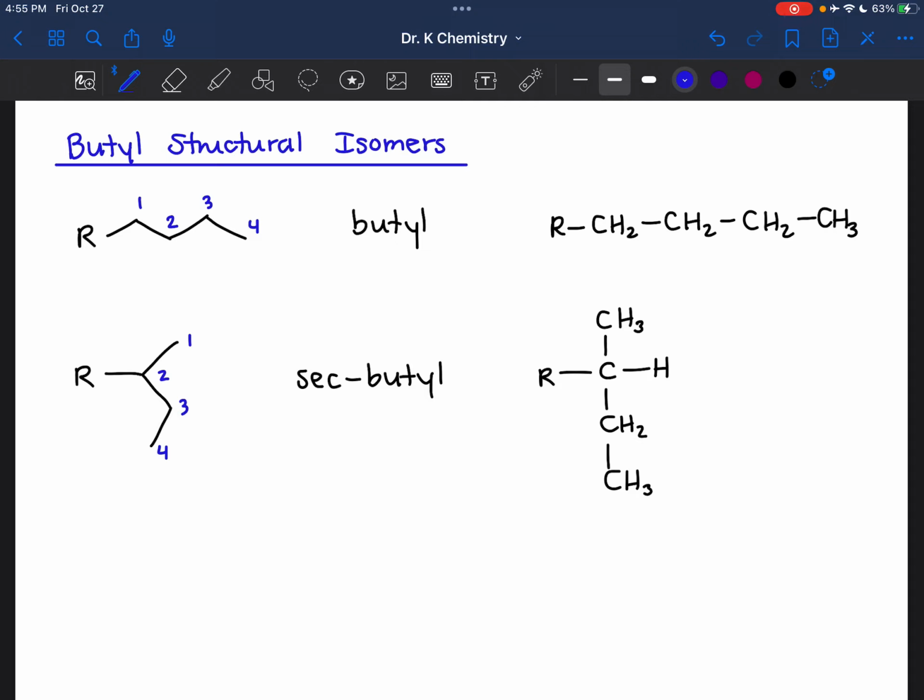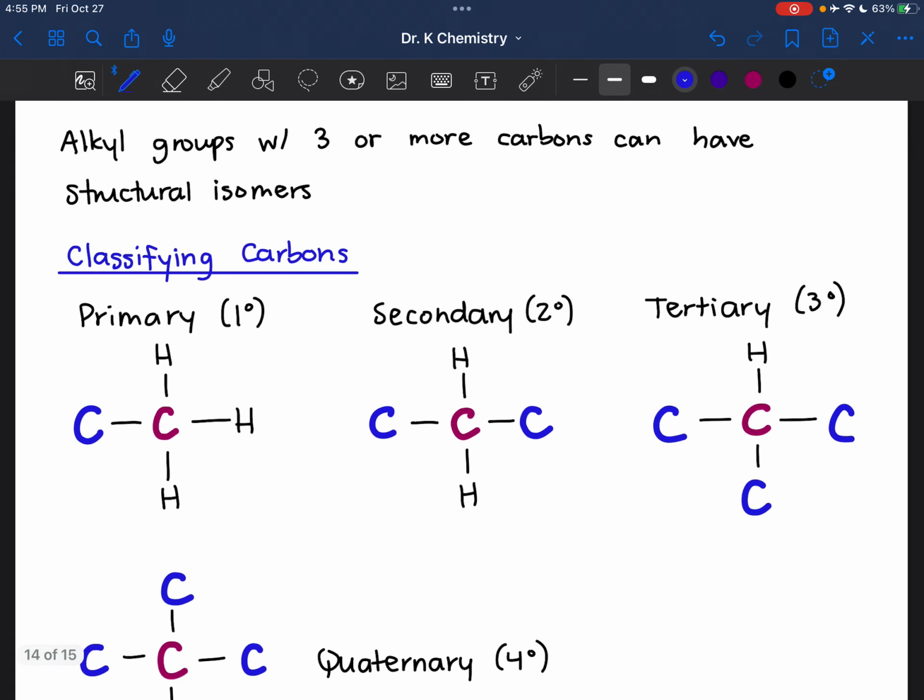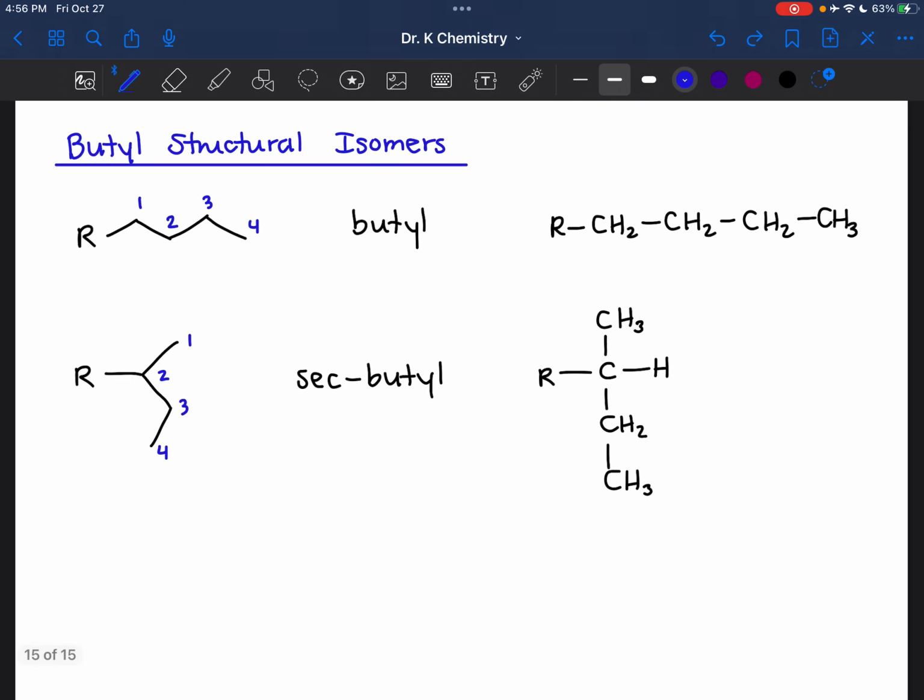And here is where the classifications of carbons can be really helpful, because you're going to see that these are going to have all kinds of prefixes. Notice that a secondary carbon is defined as a carbon that's connected to 2 different carbons. If I hone in on this carbon right here, notice that it's connected to 2 carbons.